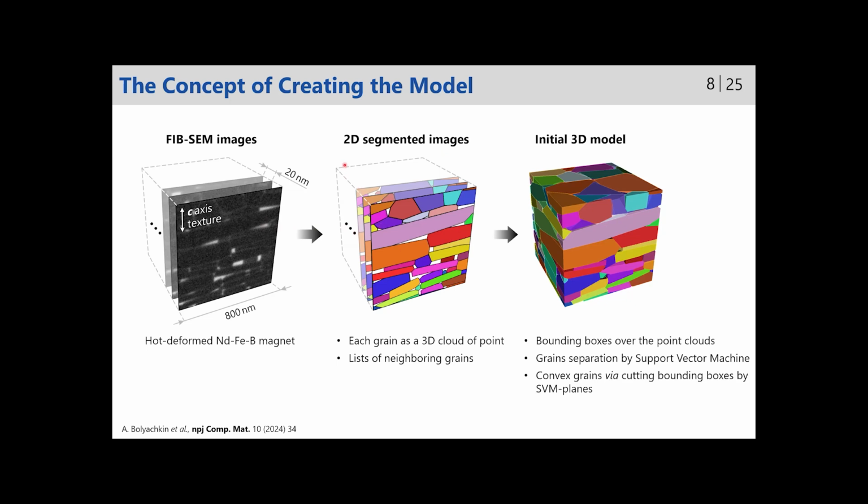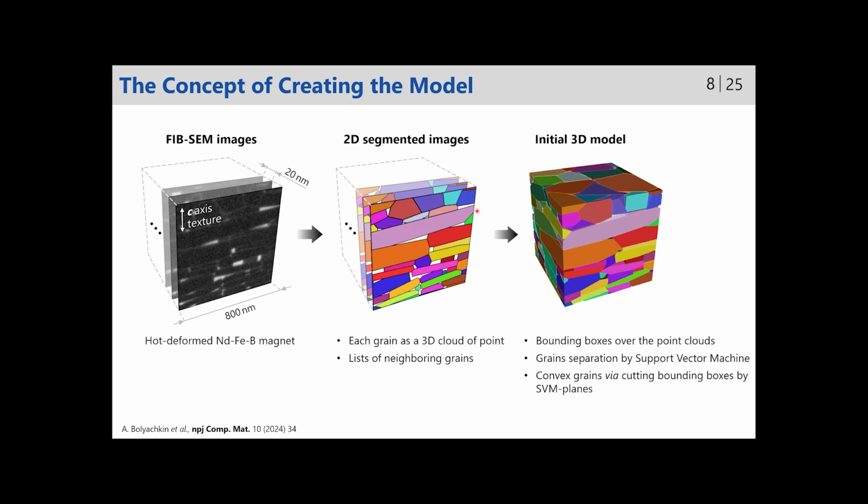Then, when we have a series of segmented images, we should think how to convert this data, still 2D, into a three-dimensional model. There are different ways to realize this using point clouds, so each grain can be considered as a point cloud.